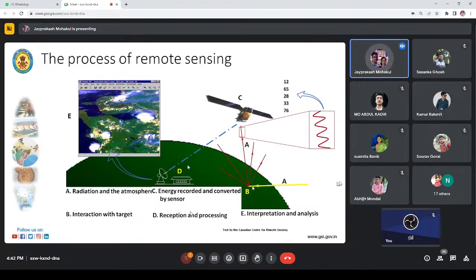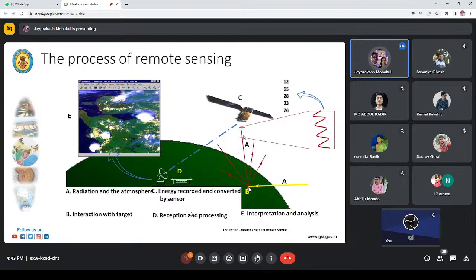And then of course, let's say you are having 1 million pixels, finally the image is made. But finally only this energy reaches the satellite, not everything reaches.